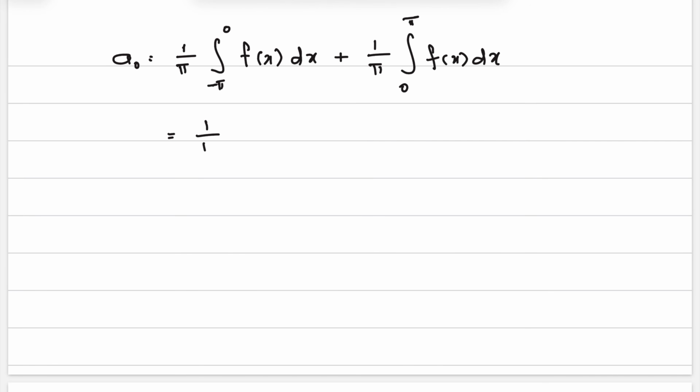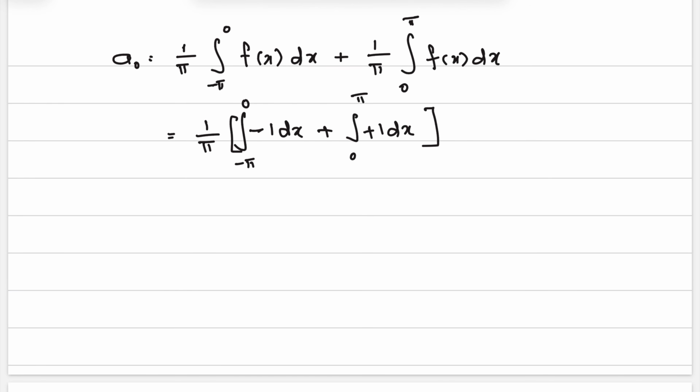That is equal to 1 by pi times the integral of minus 1 dx from minus pi to 0 plus the integral of plus 1 dx from 0 to pi. We are only applying the limits given in the question paper.